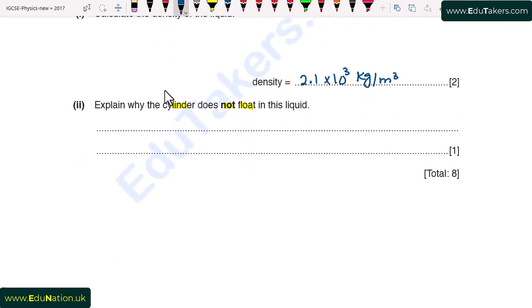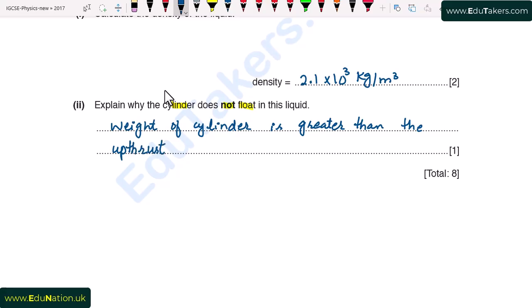I write here weight of cylinder is greater than the upthrust due to liquid.